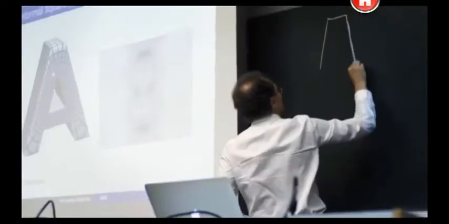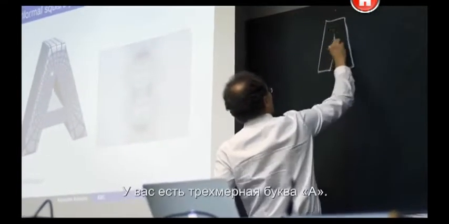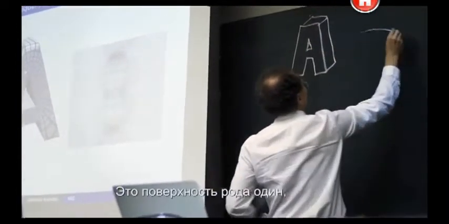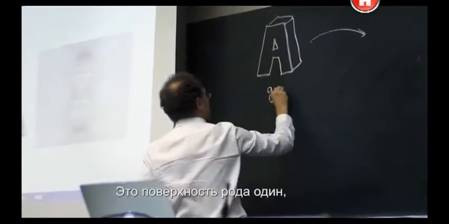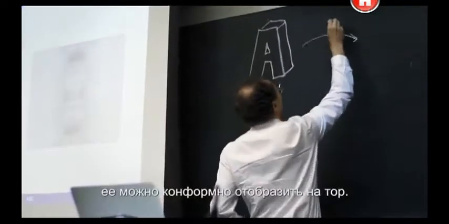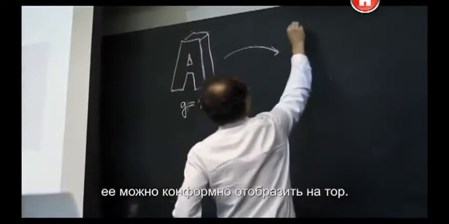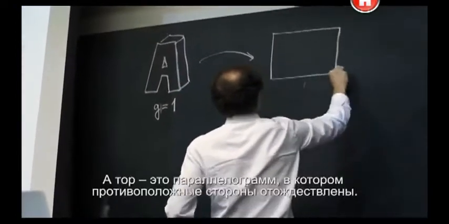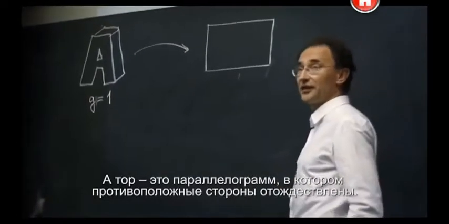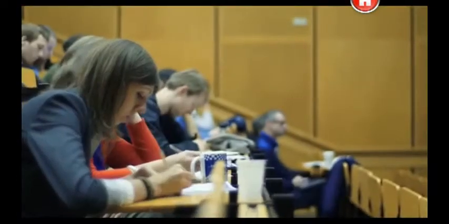You have a three-dimensional letter A, and then this is a surface of genus 1, then it can be mapped conformally to a torus, and the torus is just a parallelogram with identified opposite edges.